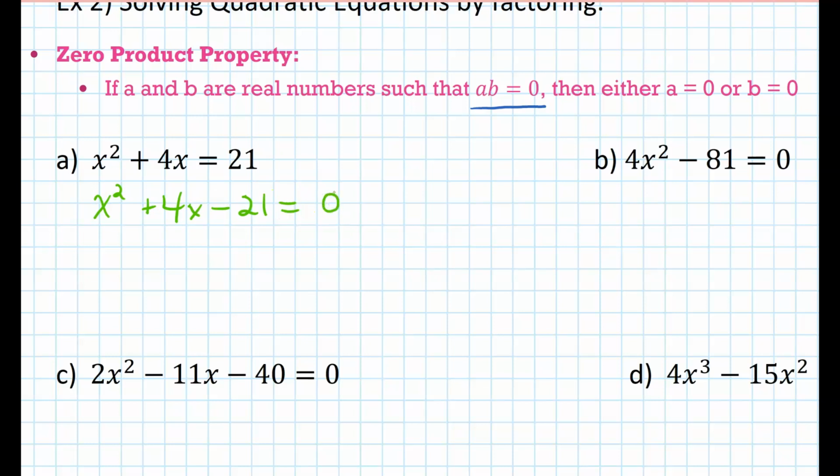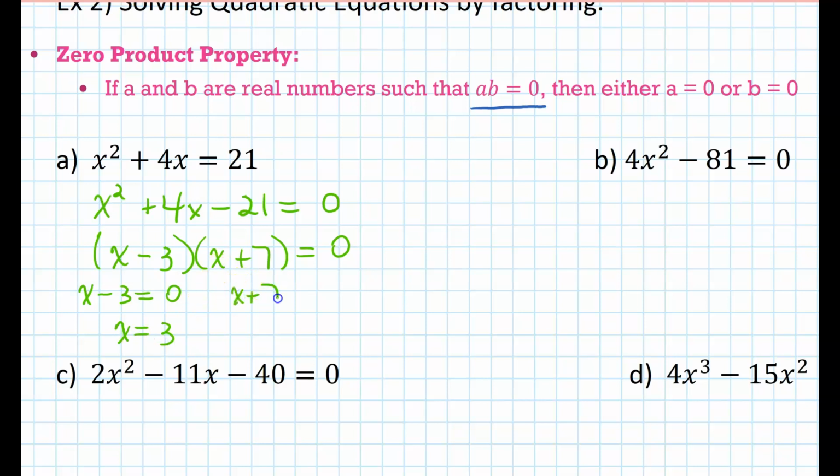And what we're hoping for is that it's factorable. Has anybody factored it already? What'd you get? X minus 3 and x plus 7. Okay. All right, applying the zero product property again. That means x minus 3 has to be 0, so that x would be 3.